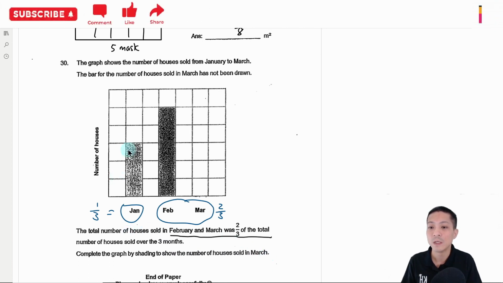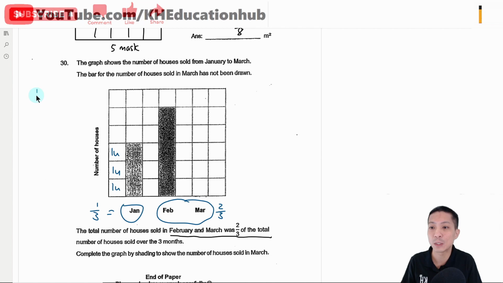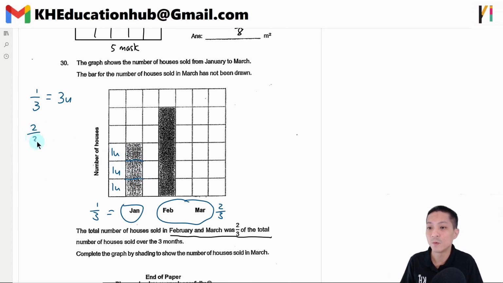Okay, so we're going to treat this as one unit. Okay, so we can see that 1/3 is equal to 3 units, which represents the 3 blocks. Okay, you can cut into 3 blocks. So which means that 2/3 will be equal to 6 units, right?